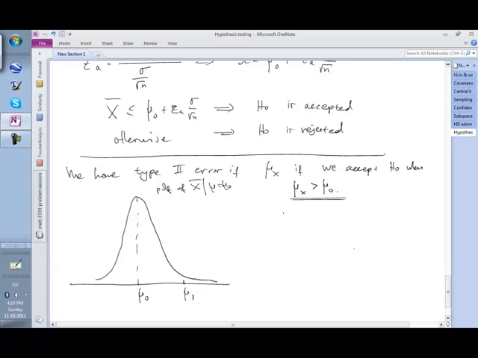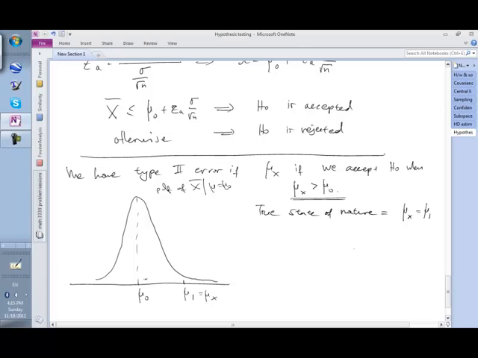That indeed the mean of x is equal to mu sub 1. So the truth, the true state of nature, is the following. The mean of x is equal to mu sub 1. And as you see here, mu sub 1 is greater than mu sub 0.